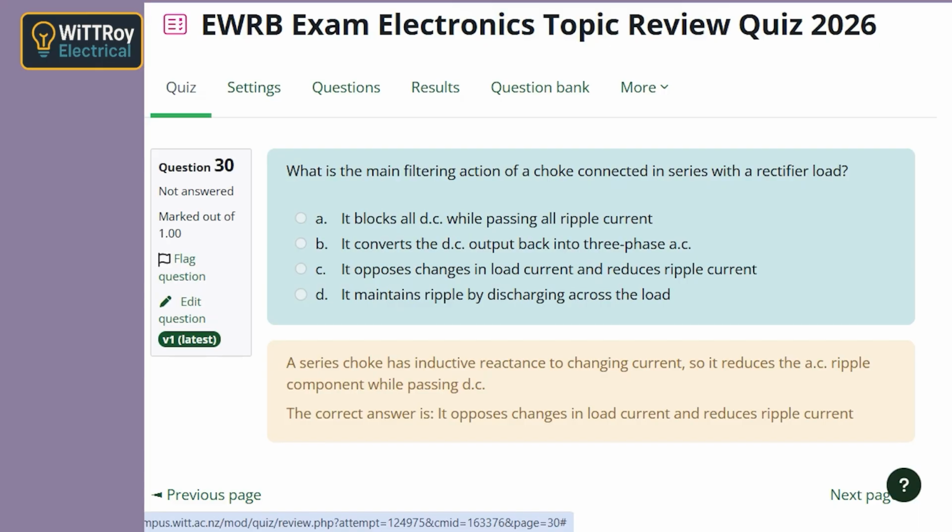This reduces the ripple and makes the load current smoother. So the correct answer is that the choke opposes changes in load current and reduces the ripple current. Correct. Remember, a capacitor is connected across the load to bypass ripple, while a choke is connected in series to oppose ripple current. Right, the choke opposes changes in current and therefore helps smooth the load current.